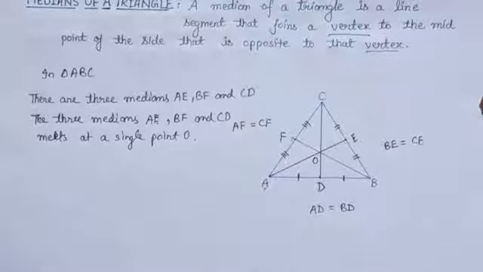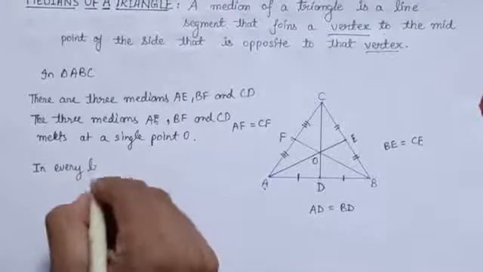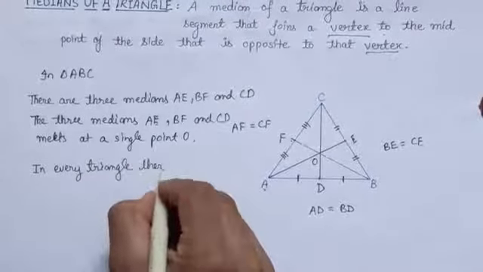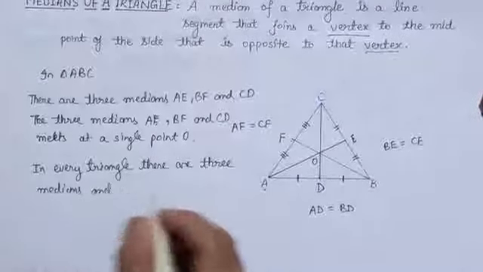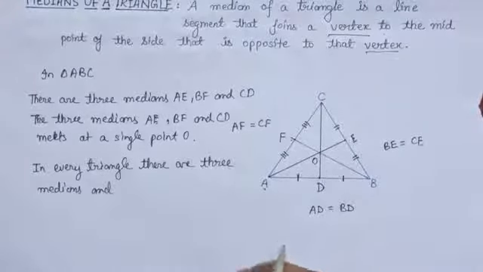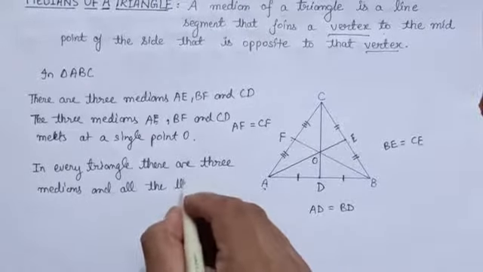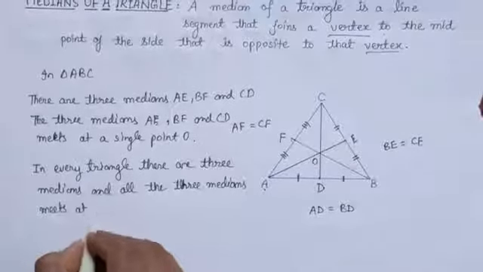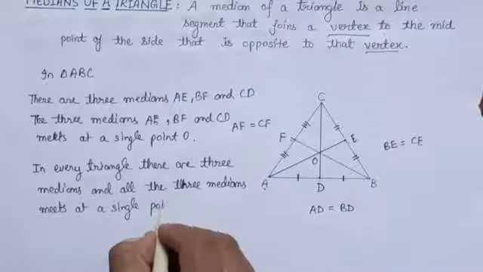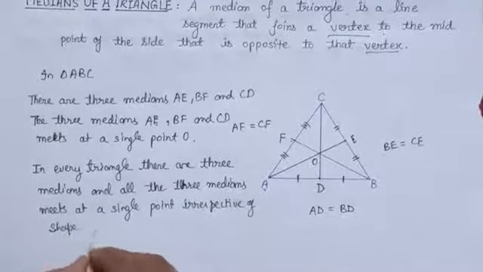So what do we conclude from this? We conclude that in every triangle there are three medians, and all the three medians meet at a single point irrespective of the shape of the triangle.